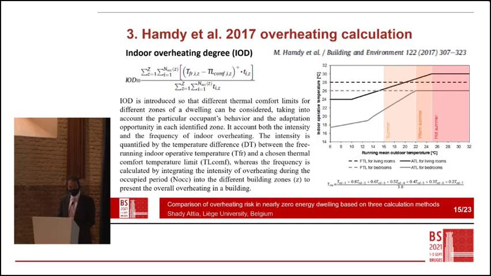And it accounts for both the intensity and the frequency of the indoor overheating. The intensity is quantified by the temperature difference between the free running indoor operative temperature and a chosen thermal comfort temperature limit. Whereas the frequency is calculated by integrating the intensity of the overheating during the occupied period into the different building zones to present the overall overheating in a building.